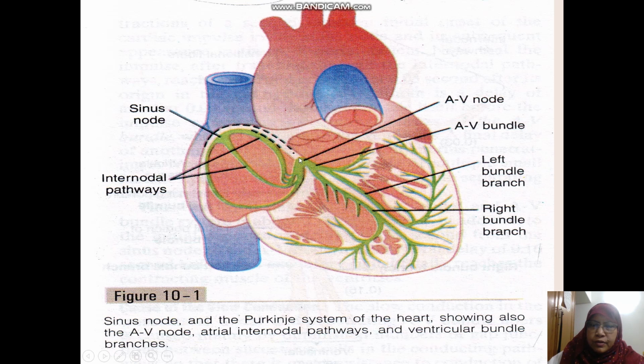And AV node is also present in the posterior wall of right atrium, and the AV node and SA node are connected by internodal pathways. Then this is the AV bundle, which penetrates the atrioventricular septum, and then the AV bundle branches into right and left, and these are the Purkinje fibers.